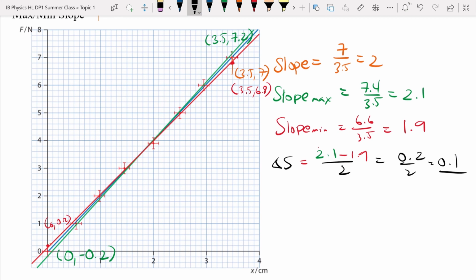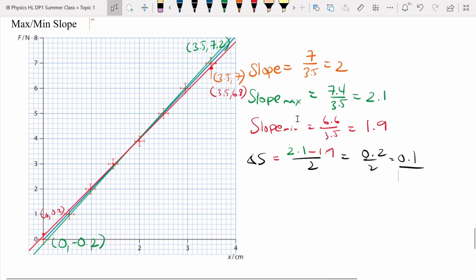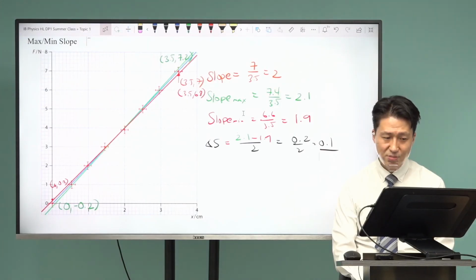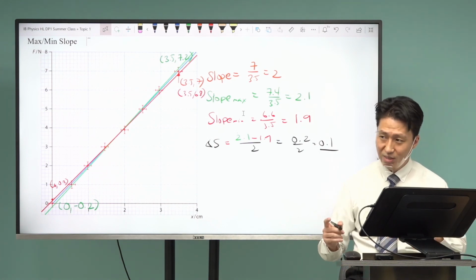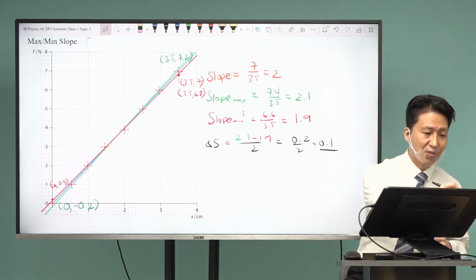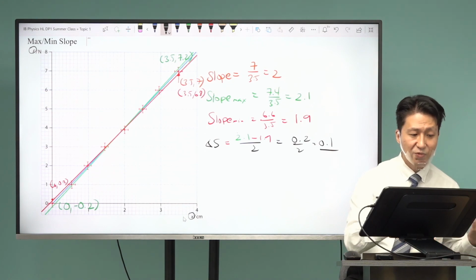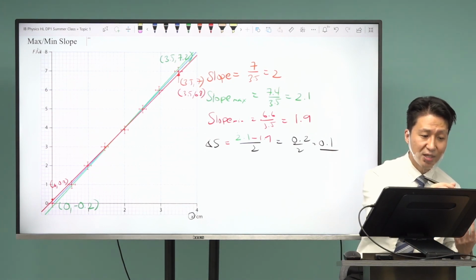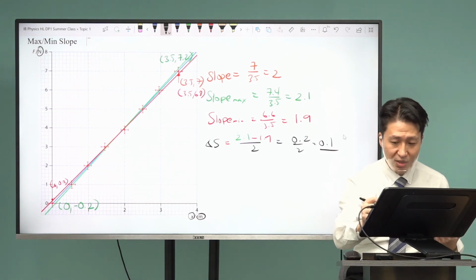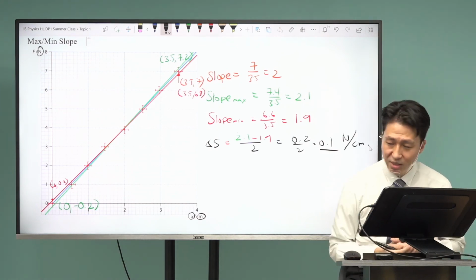You have to have units. What do you think are the units for the slope? F over x. Yes. So we divided F by x, right? But these are not the units. The units are N and centimeters. So the units for this are newtons per centimeter, right?